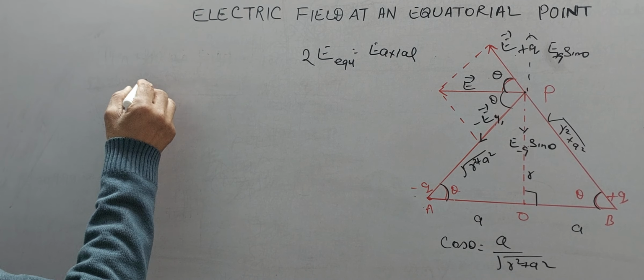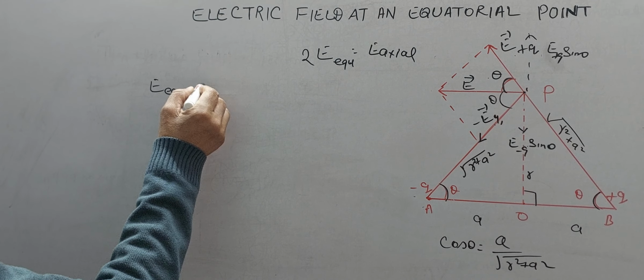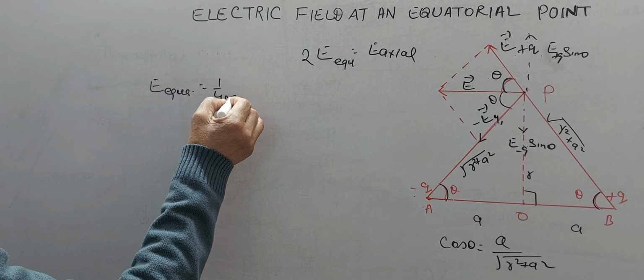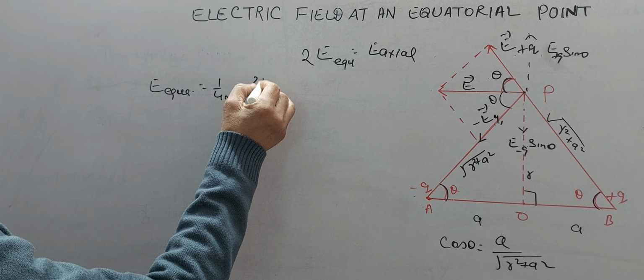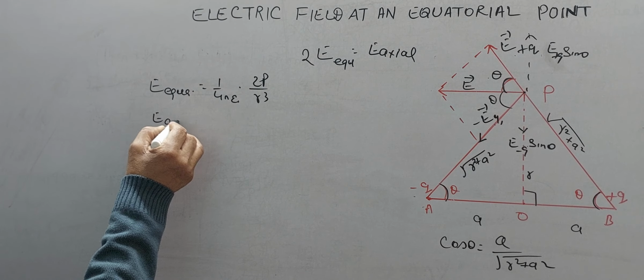The field at the equatorial point is 1 upon 4 pi epsilon naught p upon r cube, and E axial has the value 1 upon 4 pi epsilon naught twice p upon r cube. Therefore this result comes out.